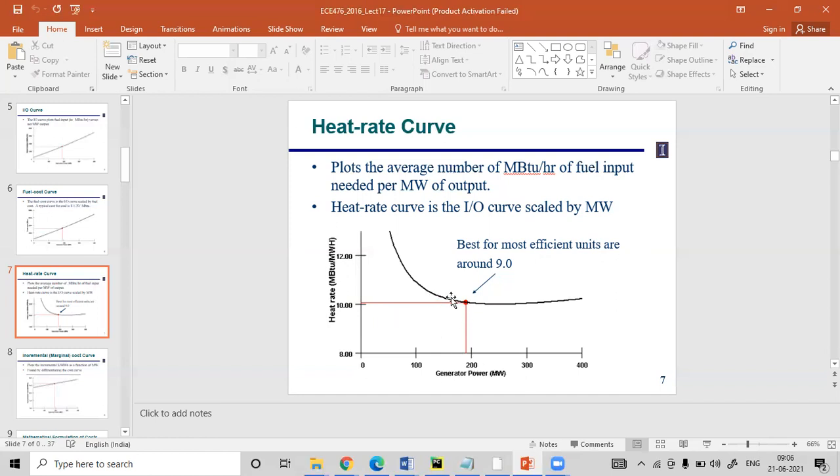You can see if you shift towards the left side, the heat rate gets increasing, while if you shift to the right side, the heat rate becomes constant, no further decrement. This means this point is the best or most efficient point for that given generator. At this point, the efficiency of the generator will be maximum, right?